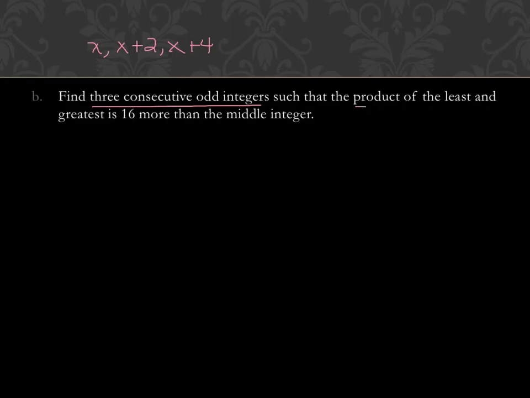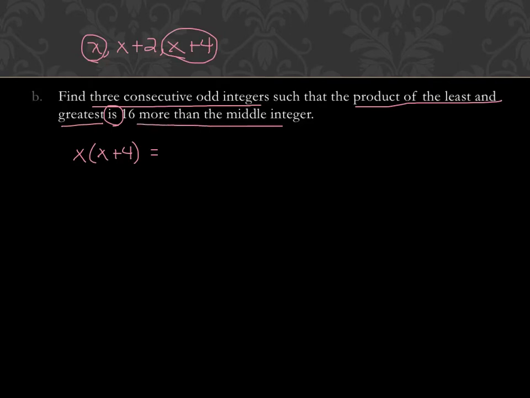The product of the least and greatest, which would be x and x plus 4, so product means times, so x times x plus 4 equals 16 more than the middle. So the middle is x plus 2, plus 16 more.